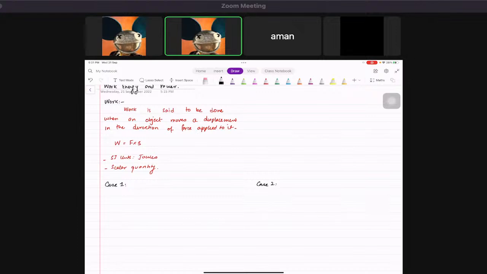So in case 1, suppose there is an object, there is a force applied, and the object basically moves to a new location and moves a distance s like this, right? So we can say that work done in this one is force times displacement.